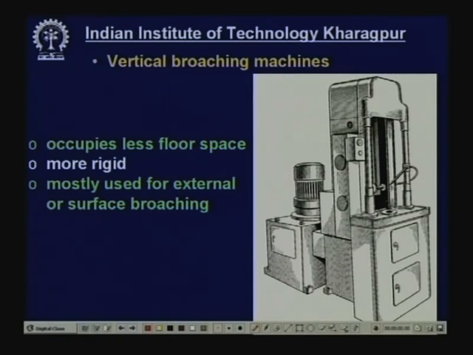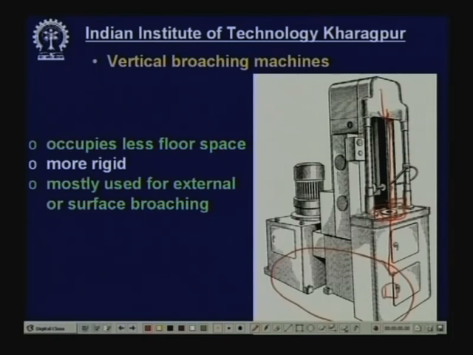Now, this is a hole on which you can mount a job, different type of job, and the broach will be moving like this, either pulled from bottom or pushed from top. So, both kinds of system may be possible. Now, what are the unique features of this vertical? It occupies less floor space.